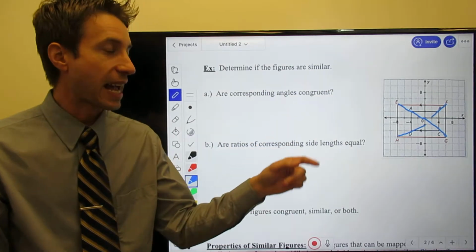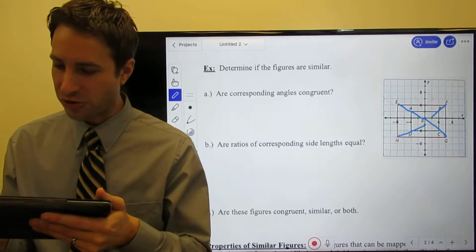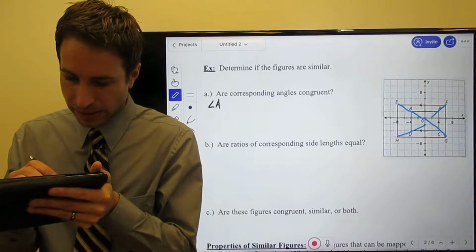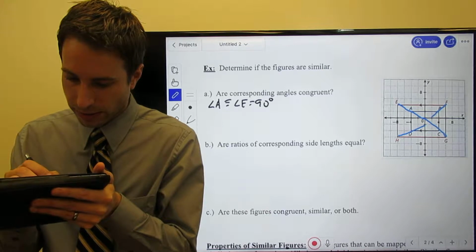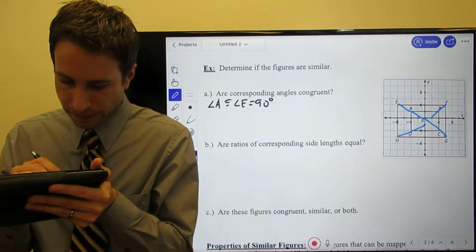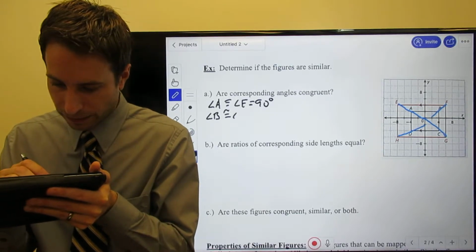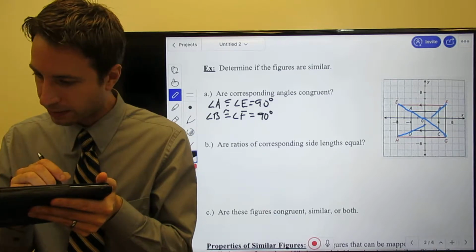First, corresponding angles. Well, in this case, they're all rectangles, so that's easy. They're all 90 degrees. Angle A is congruent to angle E, and they're 90 degrees. Angle B is congruent to angle F, 90 degrees.